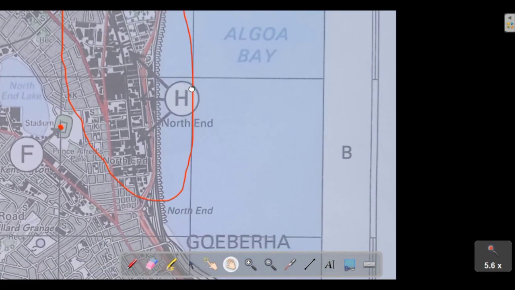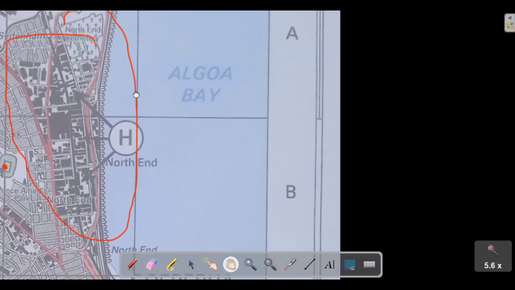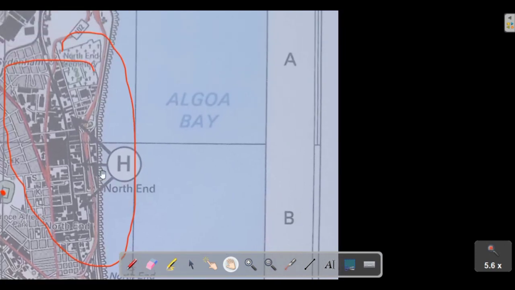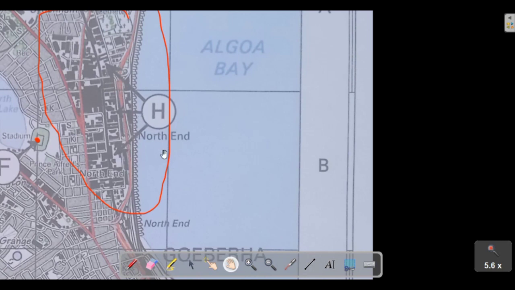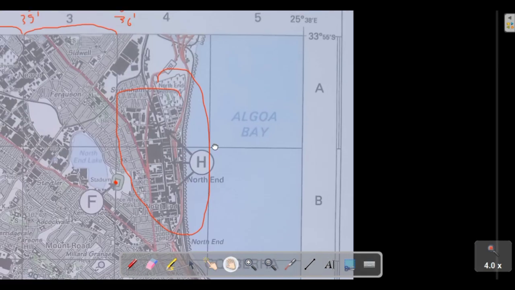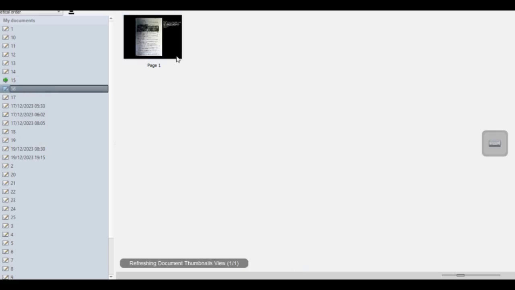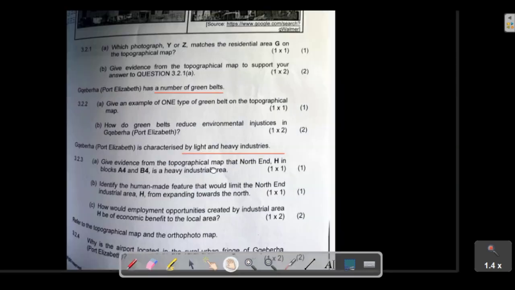It's close to transportation sites or routes. So that is what I see. You might have seen different evidence, so that's what I'm going to write.